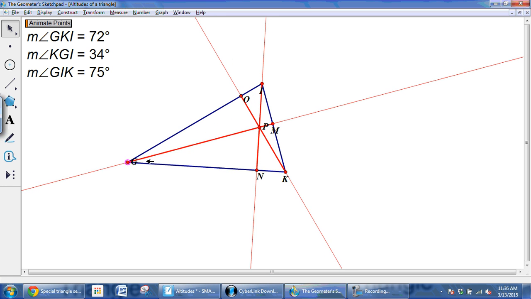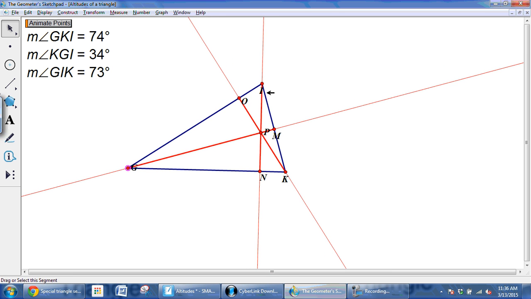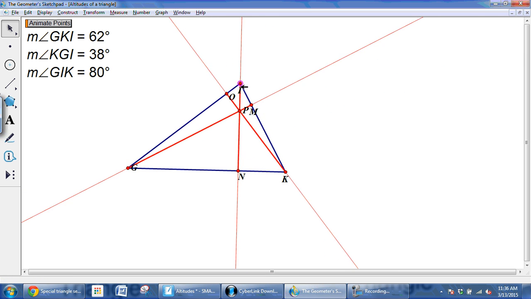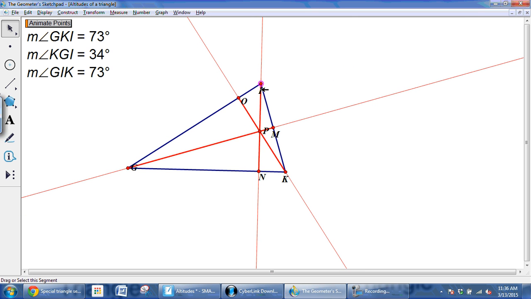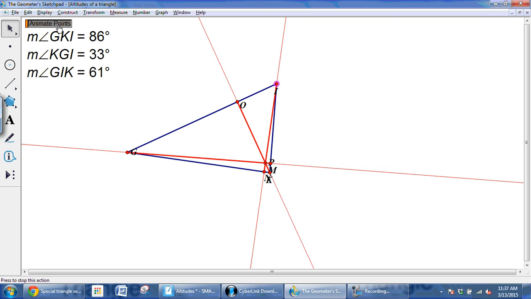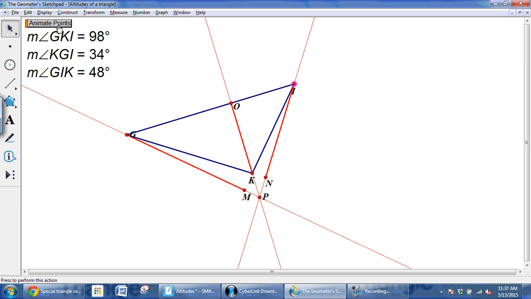Let's see if I can move this around a little bit. So point P is our orthocenter here. Now, what happens if our triangle is obtuse? See what happened there? We have an obtuse triangle because one of the angles is more than 90, and our orthocenter is now outside of the triangle.